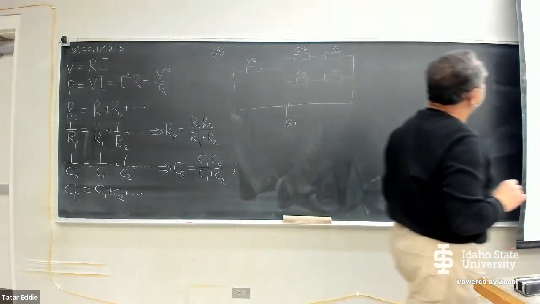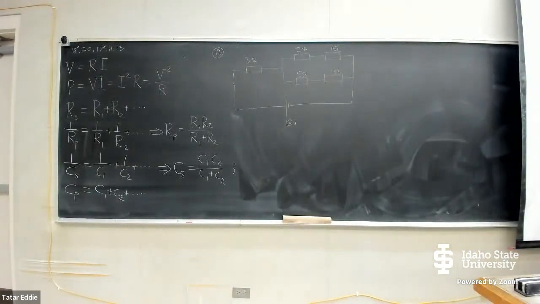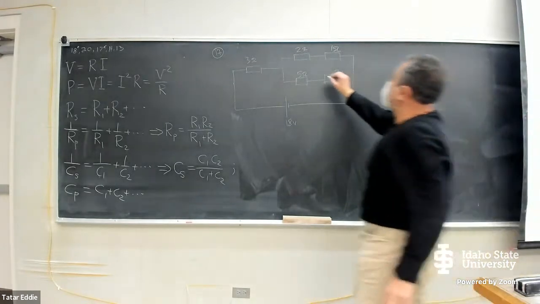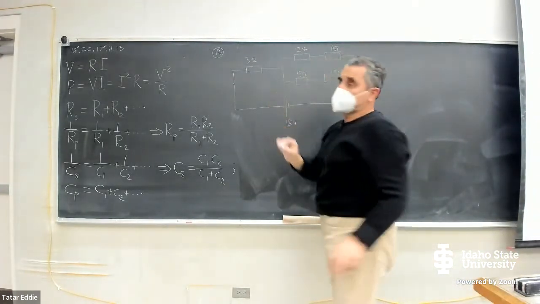They're asking us to figure out what is the power supplied to the 5 ohm resistor, to this one. What is the power supplied to this resistor?